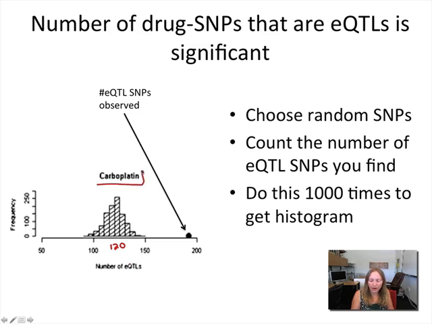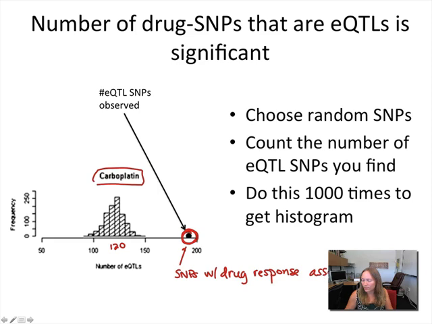But for this drug, carboplatin, the SNPs that affect its response are way more likely to be EQTLs. So they're way out here on the x-axis. So this is just a way of showing visually that compared to a random selection of SNPs, the SNPs with the drug response association are almost all EQTLs.